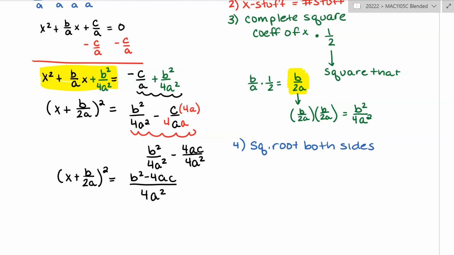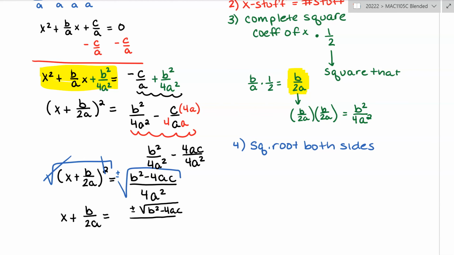But remember, when you square root, it kills the square, but you're going to have to do it to both sides, and you're going to have to tack on plus or minus. So on the left-hand side, you have x plus b over 2a, and on the right-hand side, you have plus or minus the square root of b squared minus 4ac, and underneath, you technically have the square root of 4a squared.